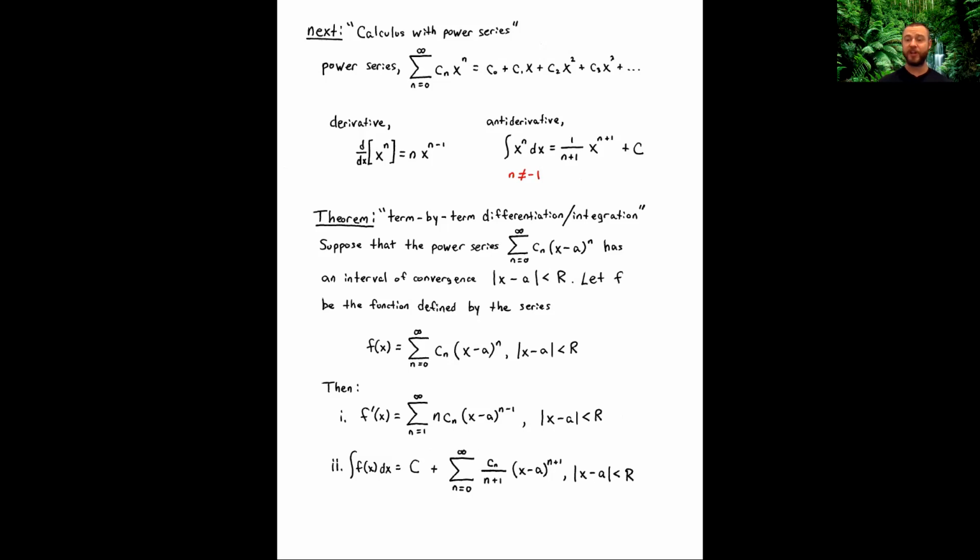We're going to be differentiating x minus a to the nth power, and we would bring the power down. That gives us the factor of n in the first result for the power series of f prime. And then we subtract 1 from the exponent, going from x minus a to the nth power to the derivative containing x minus a to the n minus 1th power.